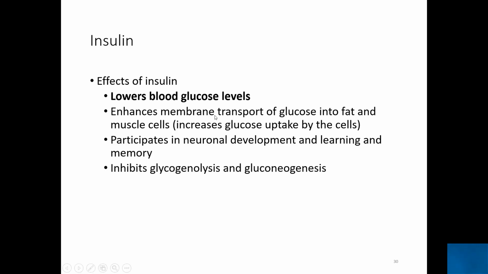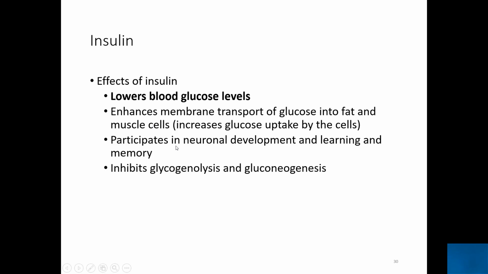Without insulin, transport of glucose from the blood into the cells is impossible. When insulin is released into the blood, it opens the cells and blood glucose goes from the blood to the cells, which lowers blood glucose level.